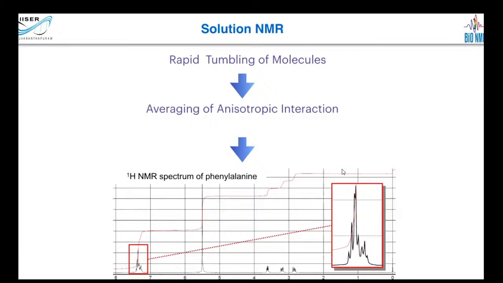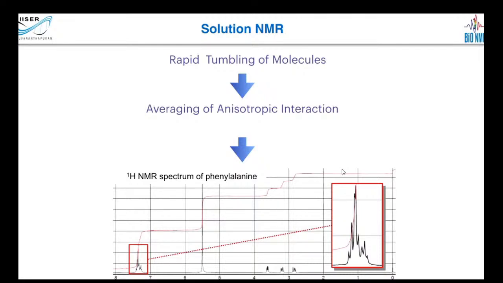When you integrate, it depends on theta, the angle between the two dipoles, and on the distances. We will talk about it later. As the molecule tumbles around, it samples all the theta angles, and finally it ends up at zero.